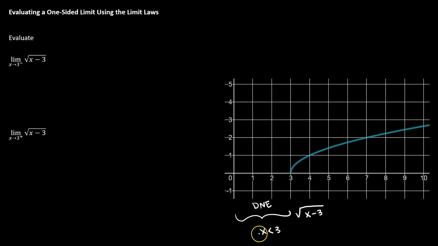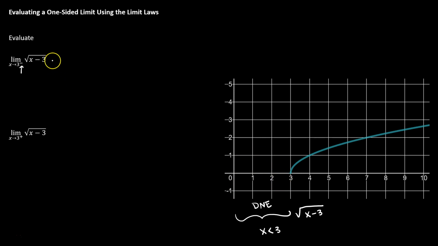So if we wanted to look at the limit as x approaches 3, we can't do it from the left-hand side. Remember our notation for one-sided limits. If there's a little minus following the value that x is approaching, we know we're coming from the left. If we were coming from the left, there's no function for us to follow.